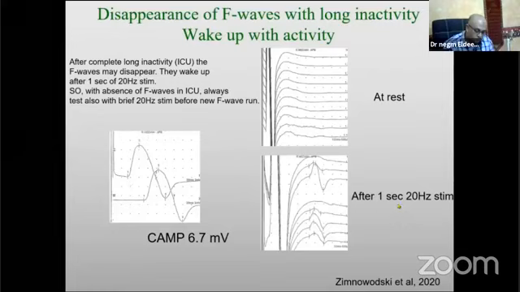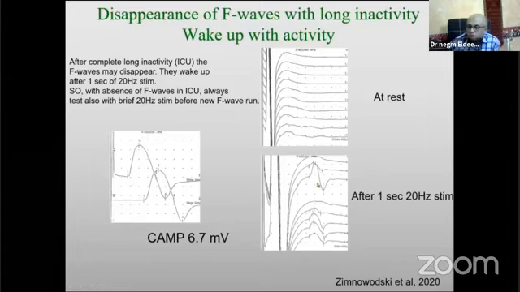But we have one exception here, and that is when we study patients in the intensive care unit and they have been paralyzed for a long time and have long inactivity in their limbs. Then the F responses may disappear, but we can wake them up by making a short high frequency stimulation, and now immediately after that the F responses come back.